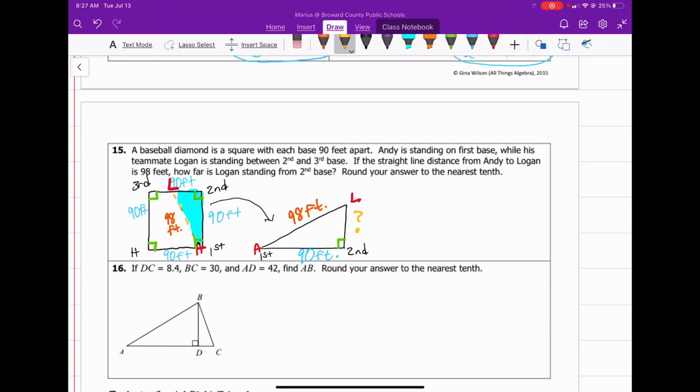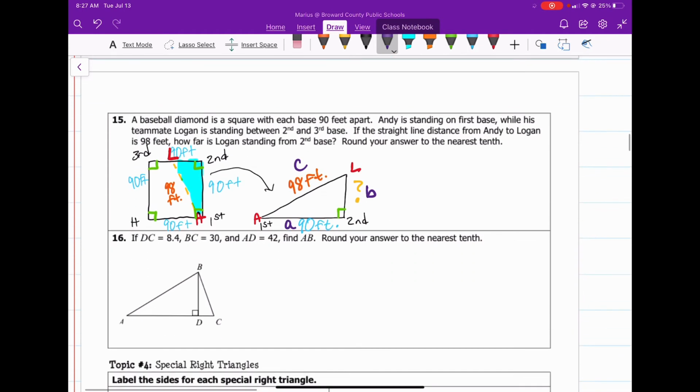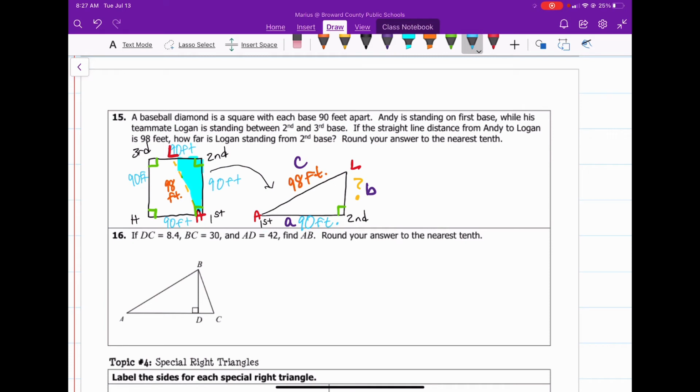Okay. So if we were labeling this, we have C, this would be A, and we're trying to find B. So we have to use our converse because they gave us the hypotenuse and one of the legs. So our converse is C squared minus B squared equals A squared.